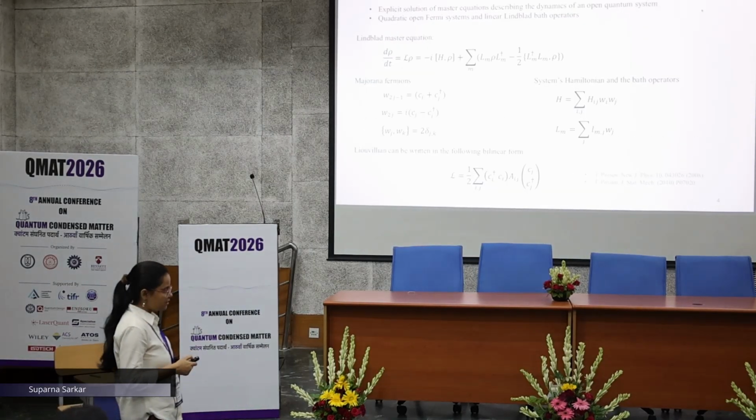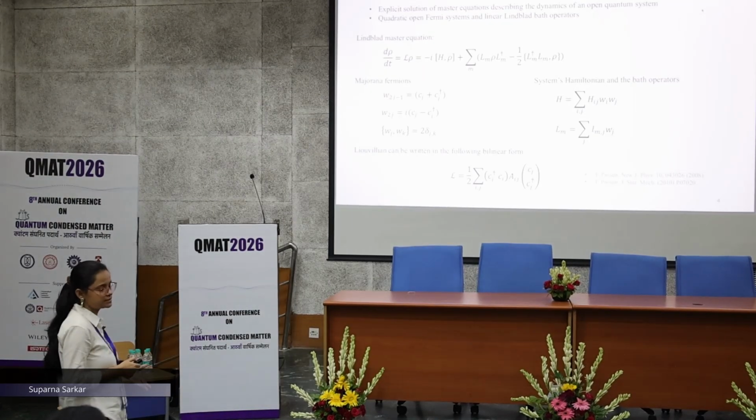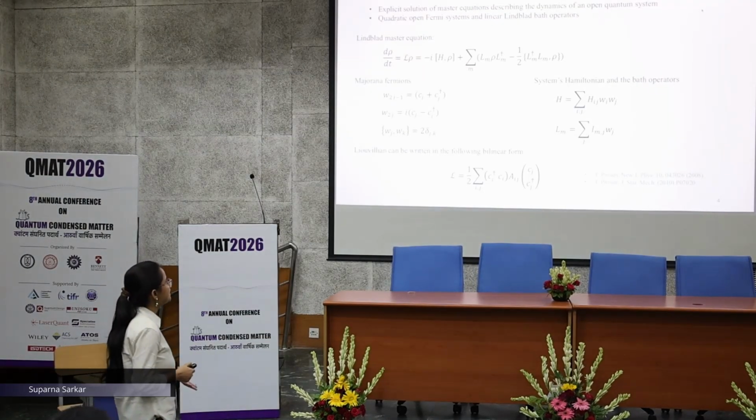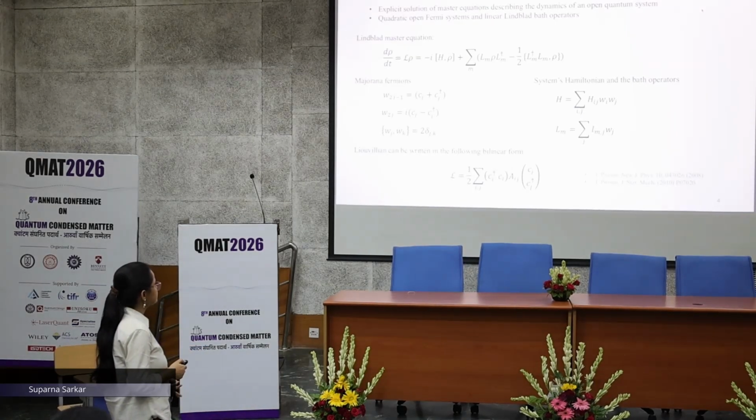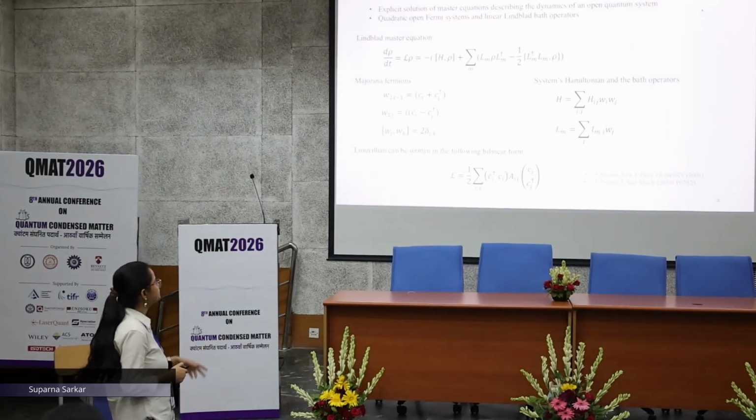For that we have studied our system using the third quantization approach, which gives the explicit solution of the master equation describing the dynamics of an open quantum system, provided your Hamiltonian is quadratic and the bath operators are linear.